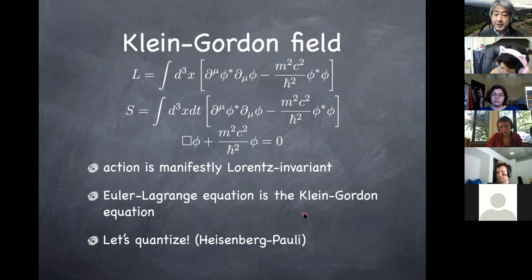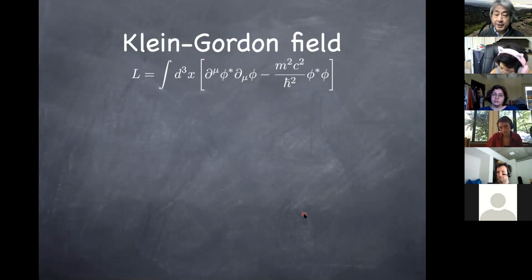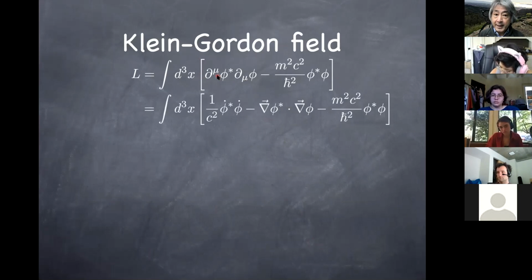So I now have the Lagrangian, and from this Lagrangian, I can identify the canonical momentum. So by writing out this mu contraction, the time component is 1 over c del t phi squared, that's 1 over c squared phi dot phi dot. For the spatial components, I have to reverse the sign when I interchange the lower and upper indices. So there's a minus sign with spatial derivatives, again contracted over x, y, and z.